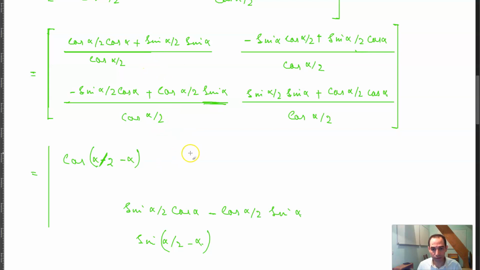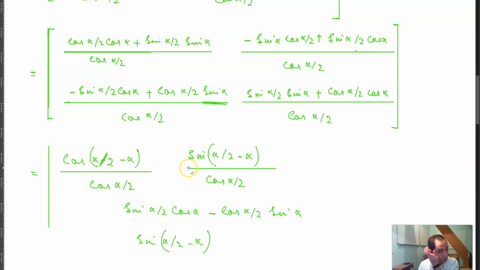So this is basically sine of alpha by 2 minus alpha. And of course the denominator here is cos of alpha by 2, right?